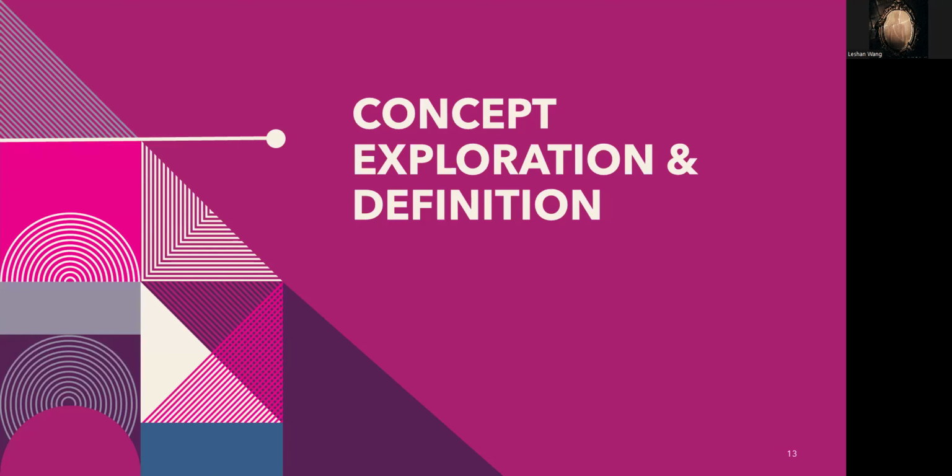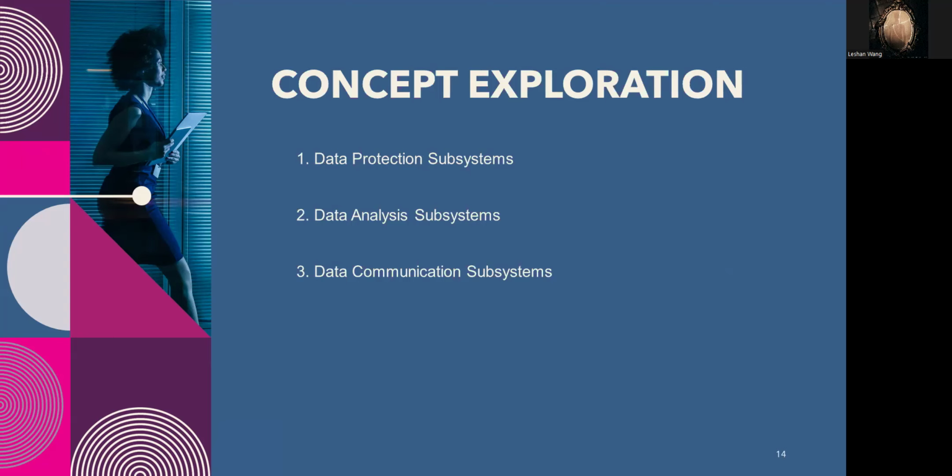Okay, the next part is concept exploration and definition. In the concept exploration part, according to the needs analysis before, a data preserving technology product can generally be configured to have, let's say, three subsystems.